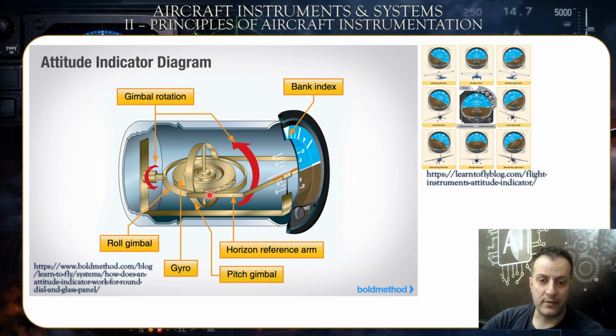So when the aircraft rotates, as you see in the picture here, let's say to the right, you're standing behind this attitude indicator here, and the aircraft is rotating to the right, like this. As it rotates to the right, there would be a different angle between this roll gimbal and the gyro, which would steady the horizontal reference arm.